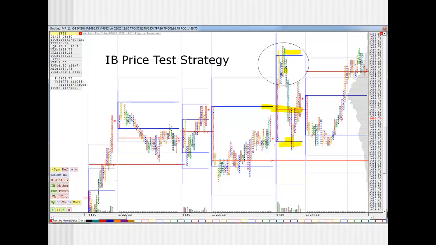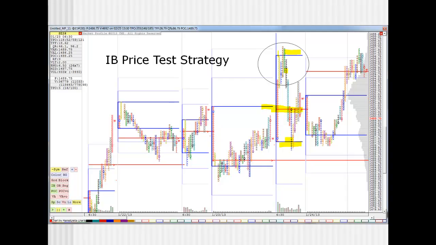They're all interrelated. Nothing in the market is really operating in a vacuum. It is all intertwined, and one thing influences another, and that's why those levels are really key. And the IB trading strategy is quite powerful and useful.